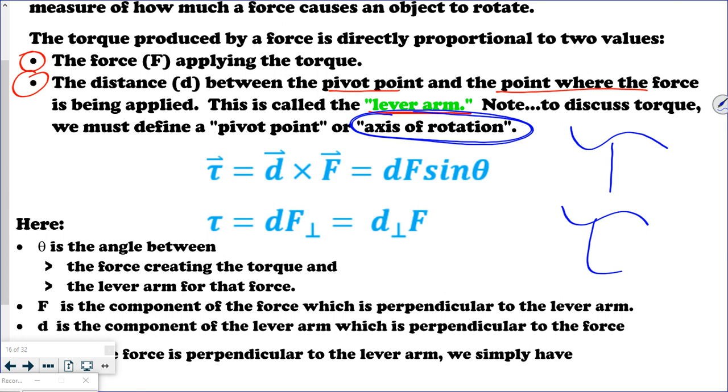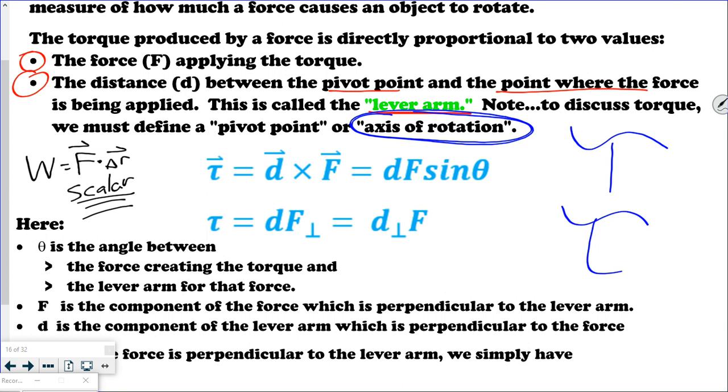Okay? So to calculate torque, you have to use what's called a cross product, all right? So when we did work, we learned that work was force dot displacement, right? And so this was a method of multiplying two vectors, okay? And it gives you a scalar as an answer, right? There's no direction associated with work, all right?